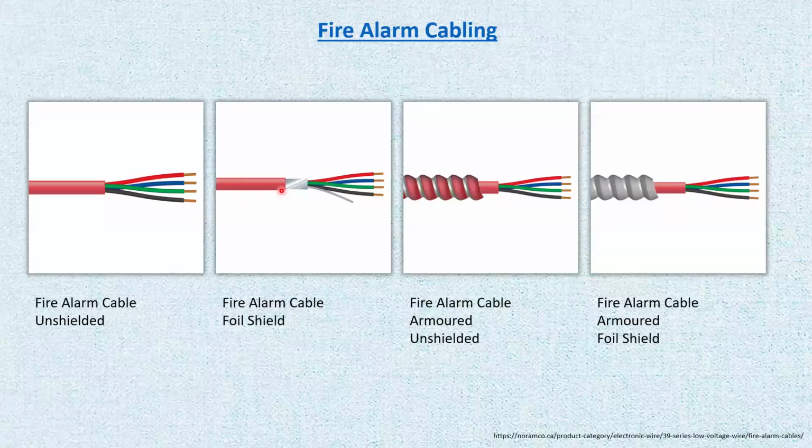Sometimes you might have to install shielded cable, or sometimes armored cable. And you can also have armored with foil shielding. So at the end of the day, not just any cabling can be used within the fire alarm. There are more strict rules than in any other installation because this is considered a life-saving system.